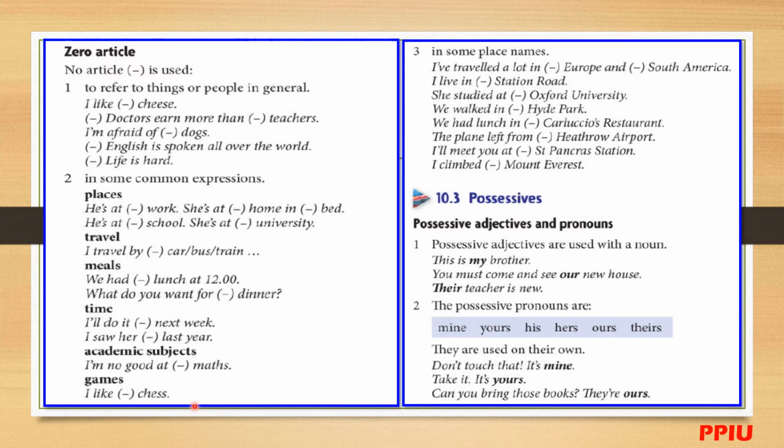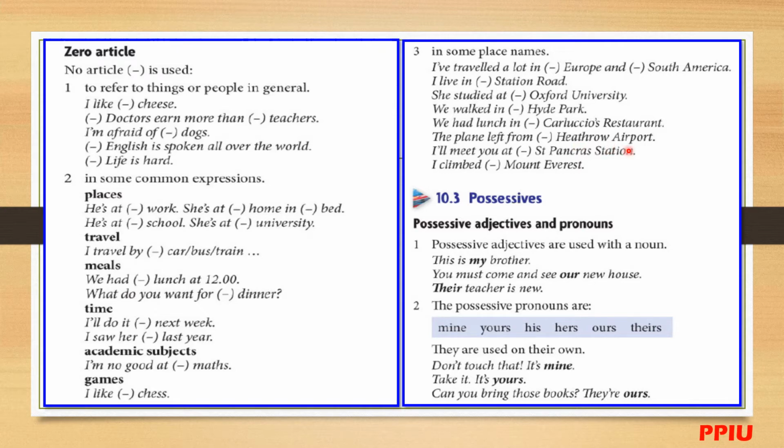Let me move to number 3: some place names. I travel a lot in Europe and South America. I live in Station Road. She studied at Oxford University. We walk in Hyde Park. We had lunch in Calusius restaurant. The plane left from Heathrow Airport.